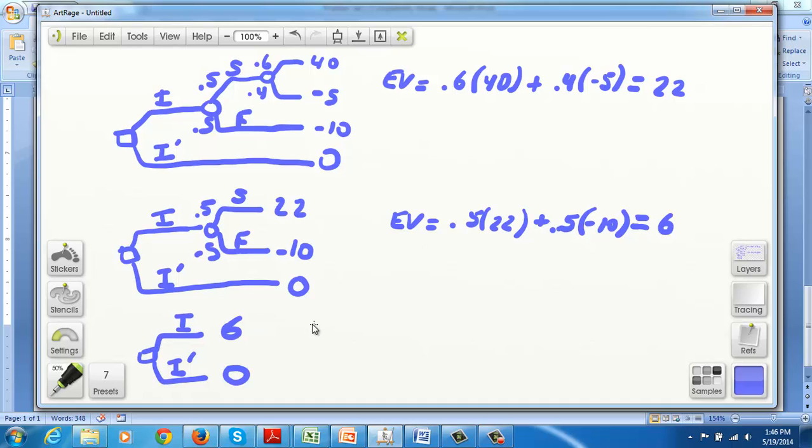So in this case, I would go this way. The arrow represents where I'm going to go and not go down that path. So the expected value of the investment decision is $6 million. The expected value of the not invest is 0. So I would say, therefore, invest. That's part C.